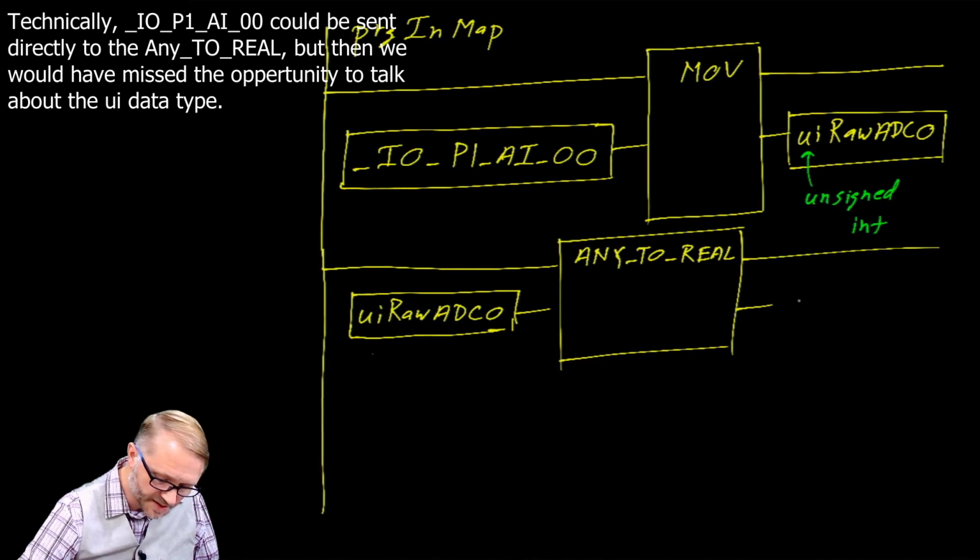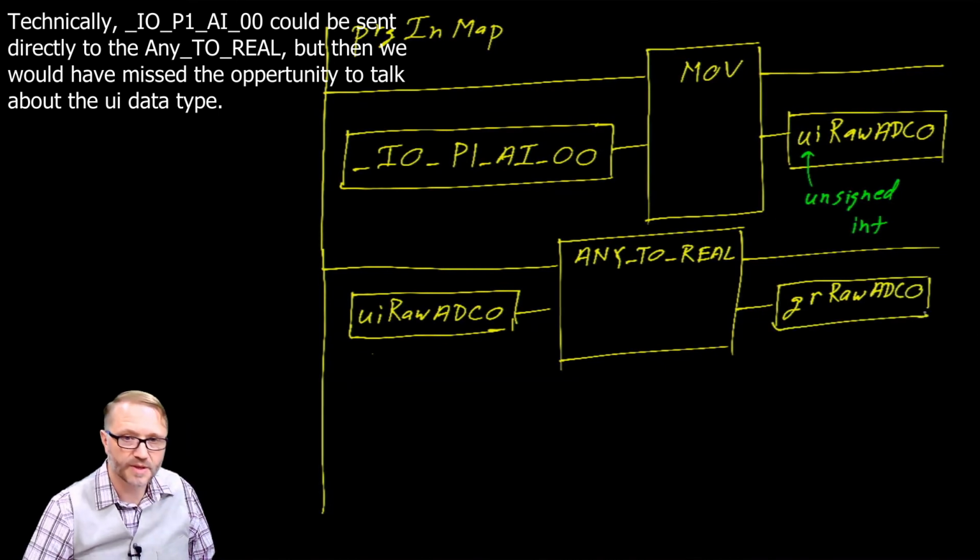That will then send the data to global real raw ADC0, which can now be used by your control program.